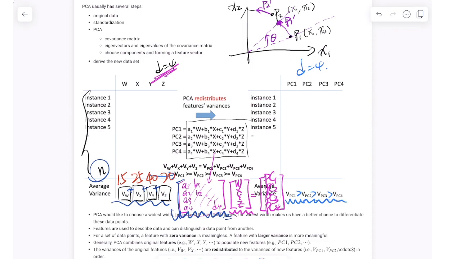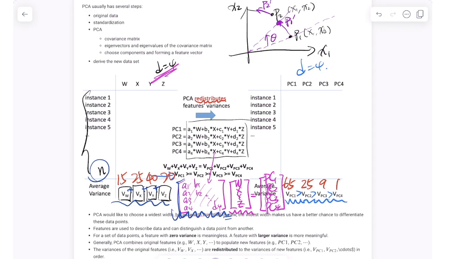After principal component analysis, the variance of PC1 will be the highest, and the variance will be redistributed to the new axes. So maybe that is 65, 25, 9, and 1.